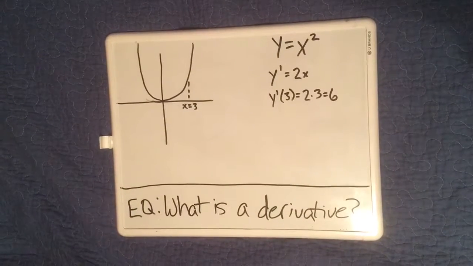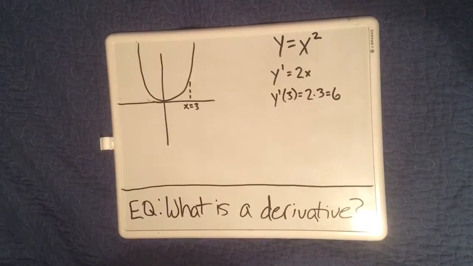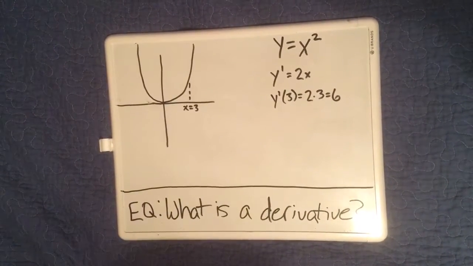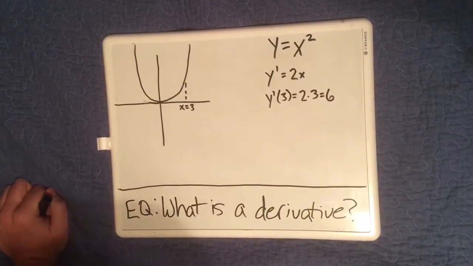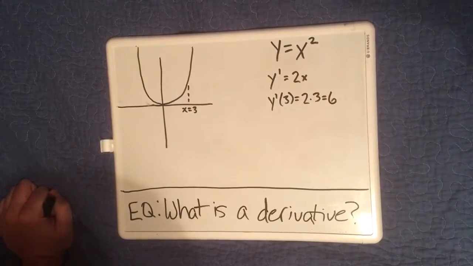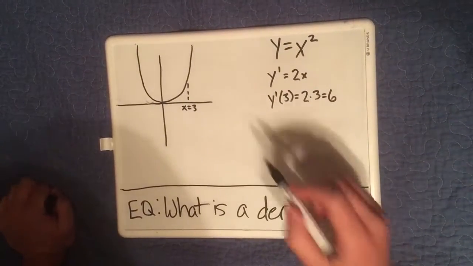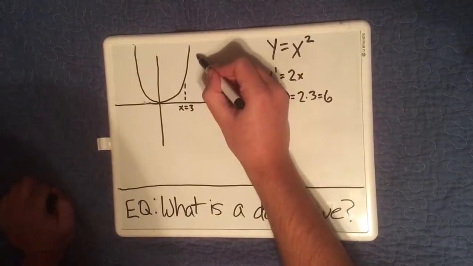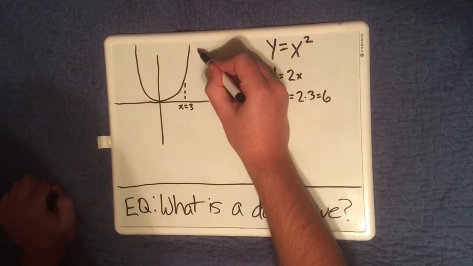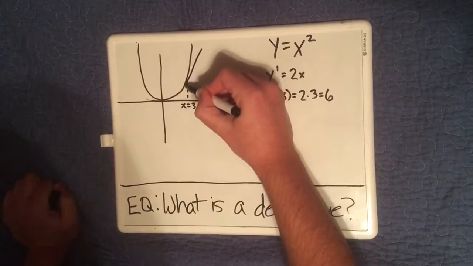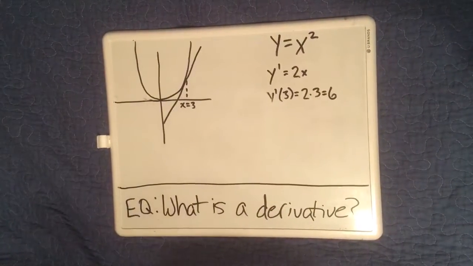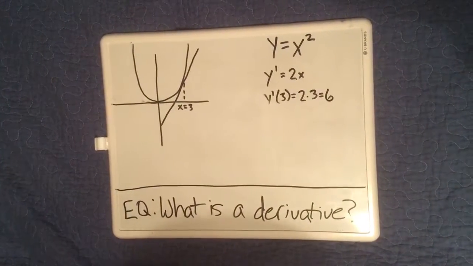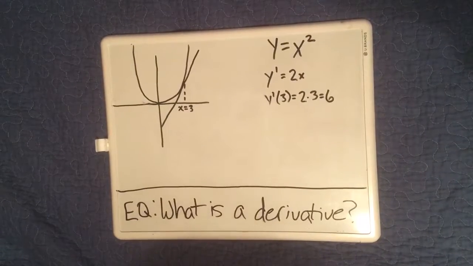So that means that at x equals 3, the slope of the line is 6. If you draw the tangent line at the point 3, which is a line that just barely grazes the curve at the point itself, and that's a really rough line, you'll see that the slope does look to be about 6.